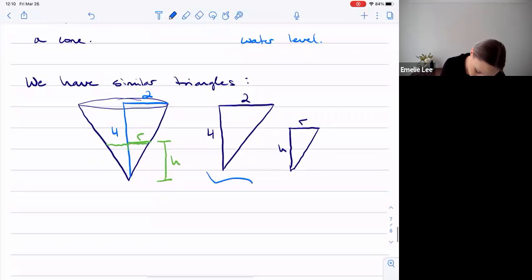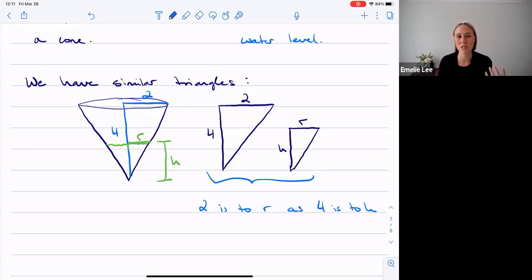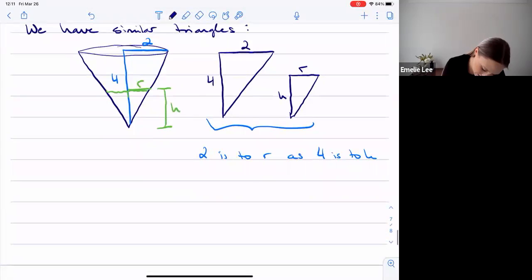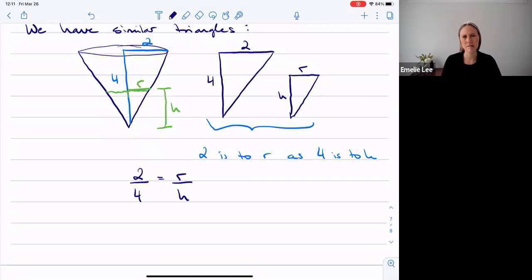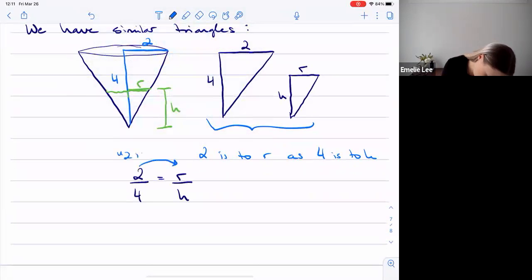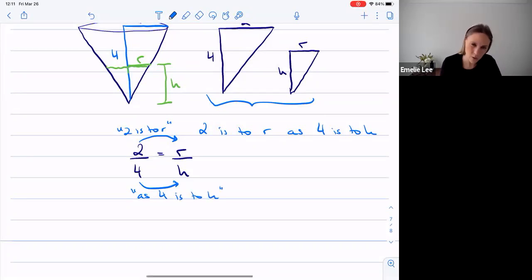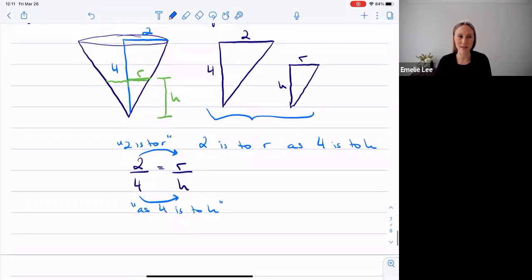So here, 2 is to r as 4 is to h. However you want to get there is fine, right?